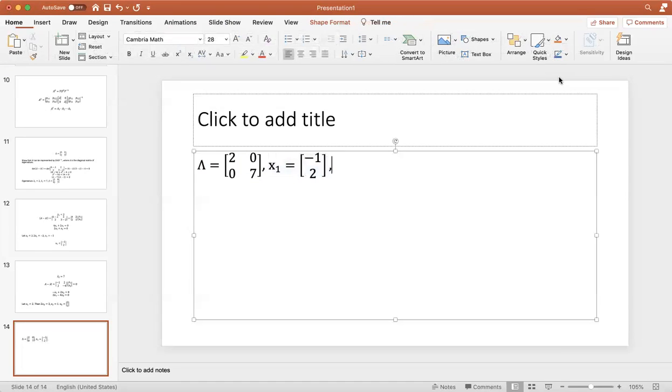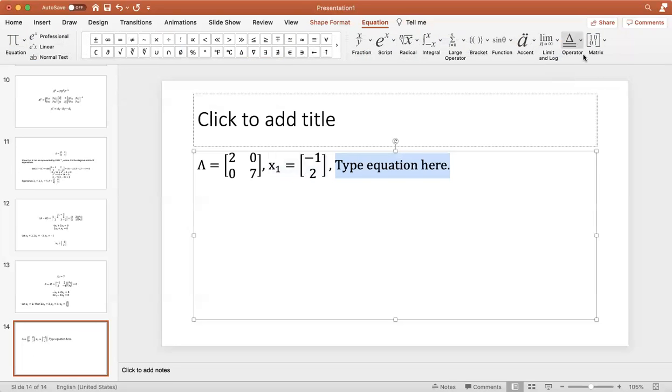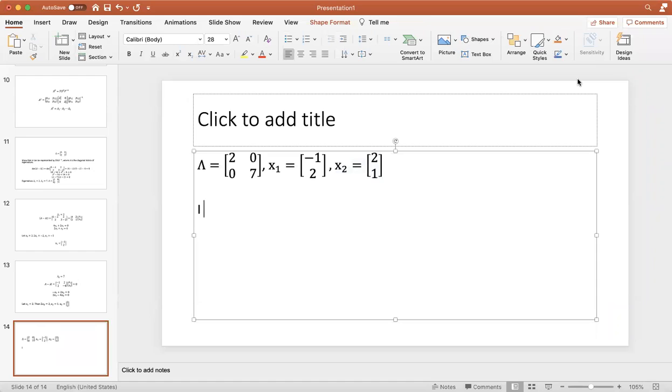And then you have your second eigenvector, which is equal to 2, 1.